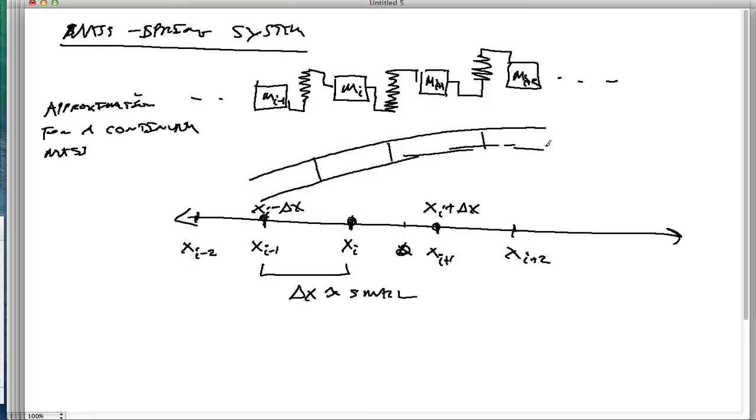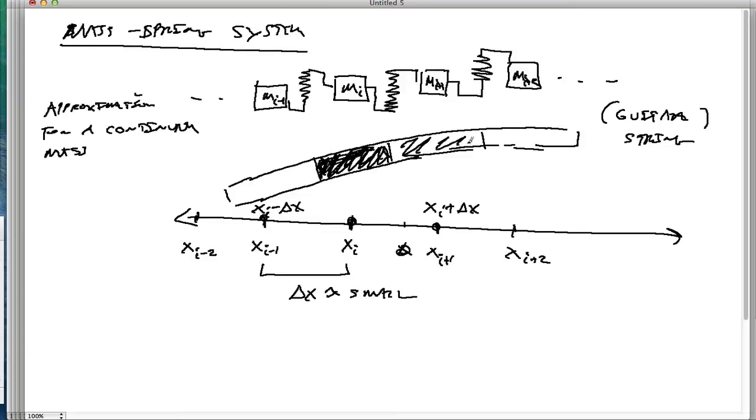All right, and so that's the idea, and we're going to use this as an approximation for little segments of mass on some sort of elastic string or some sort of continuum medium, right? Think of it like a guitar string, or maybe a tightrope for a tightrope walker, or some sort of elastic one-dimensional thing.